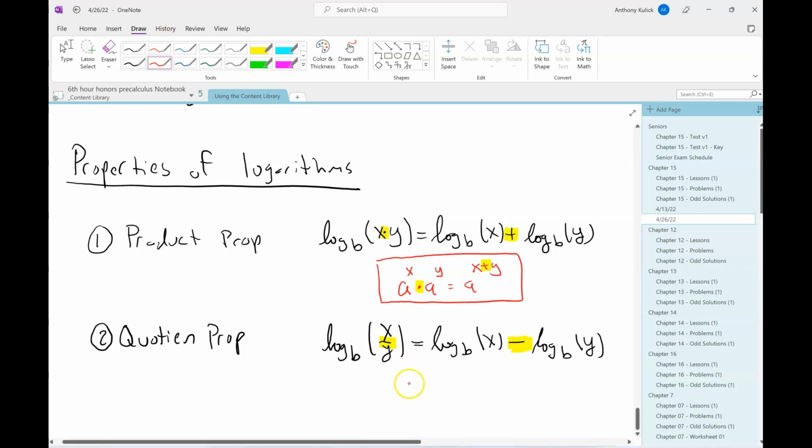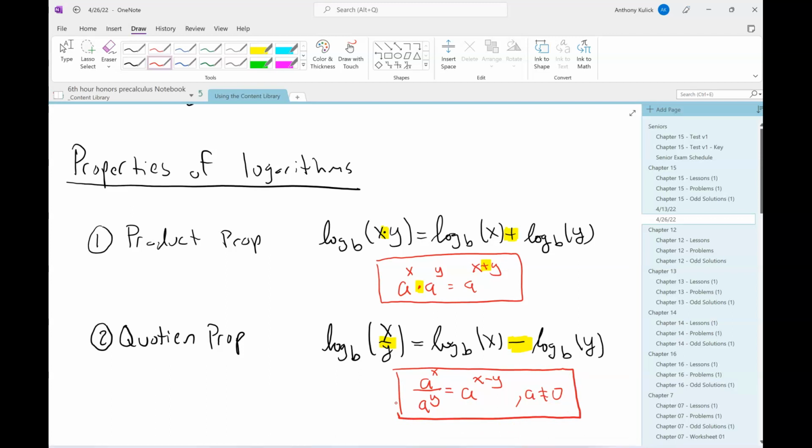What property of exponents is this analogous to? Well, the quotient property, right? So a to the x divided by a to the y is equal to a to the x minus y.